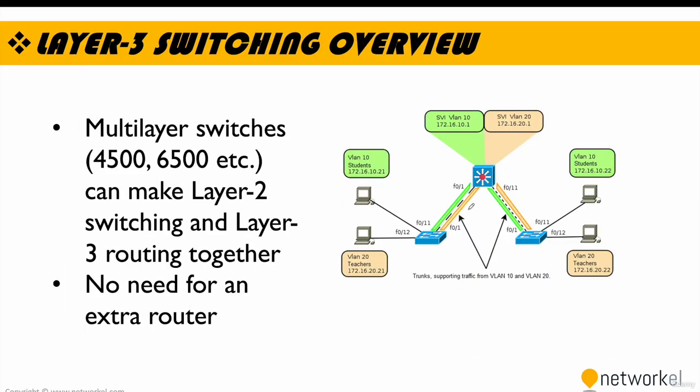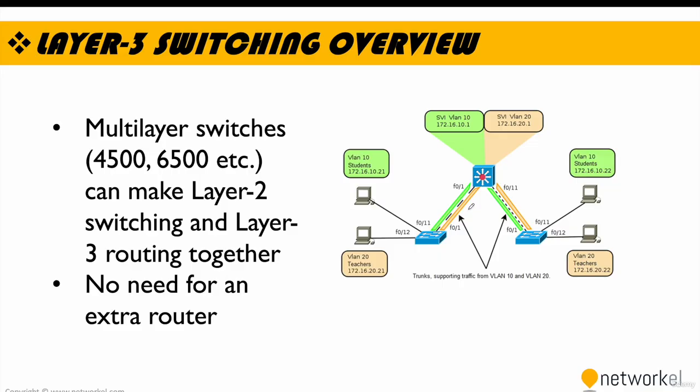Let's continue with the second method, layer 3 switching. Traditional network switches operate at layer 2 of the OSI model, while network routers operate at layer 3. A layer 3 switch is a specialized hardware device, basically a switch with routing capabilities.